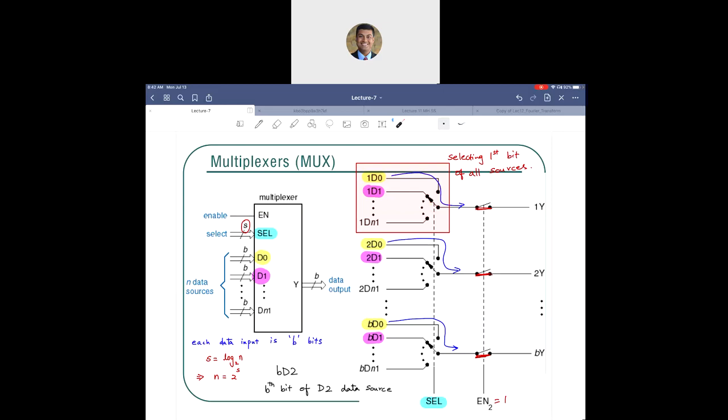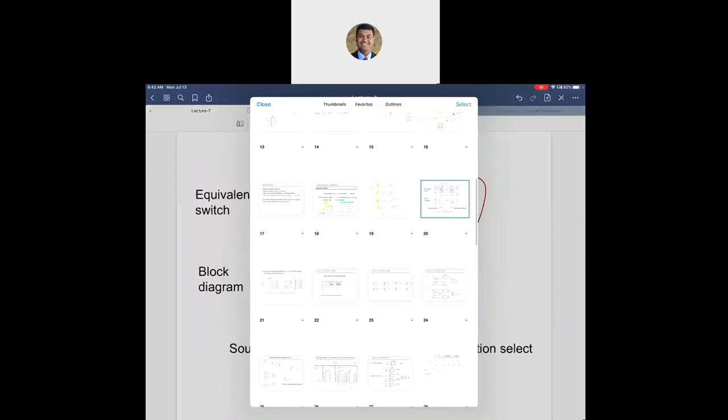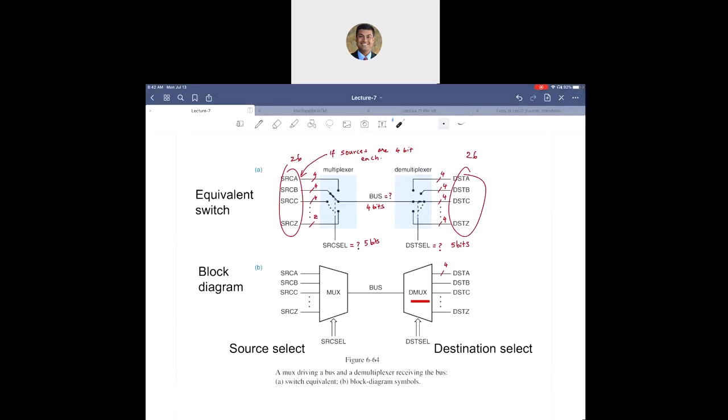So the design varies. You can have the right design both ways, but choosing 4 switches might be very efficient. 4 switches, each switch is one of 26 positions. Okay, so that's how you would represent them in the form of block diagrams.